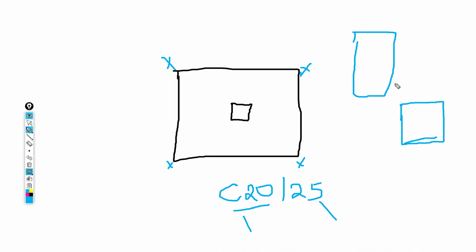That's the standard measurement of a concrete cube. Then the standard dimensions of a cylindrical mold: the diameter here is 150, and the height of that cylinder is 300. Those are the standard measurements.